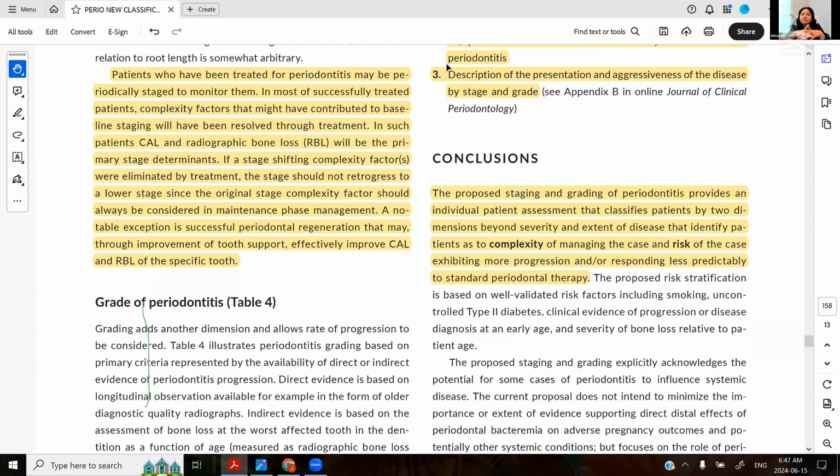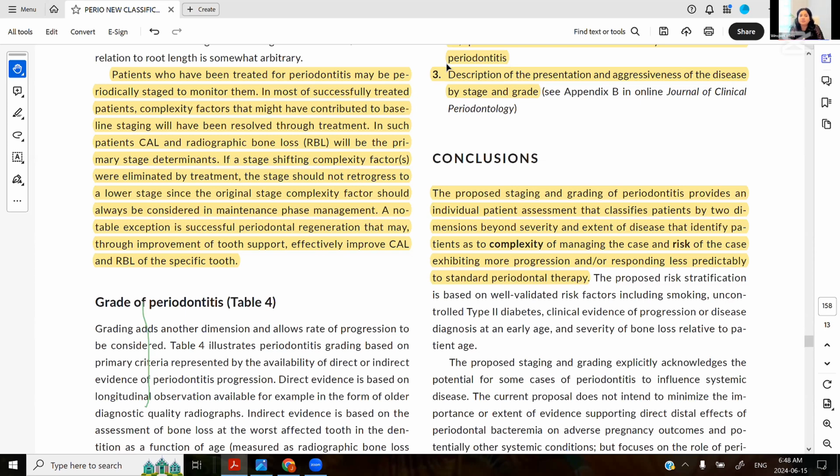Wonderful. So patients who have been treated for periodontitis may be periodically staged to monitor them. In most successfully treated patients, complexity factors that contributed to the baseline staging will have been resolved through treatment. So all those complexity factors which you have in stage 3 and 4 will be resolved as you perform treatment for them, right?